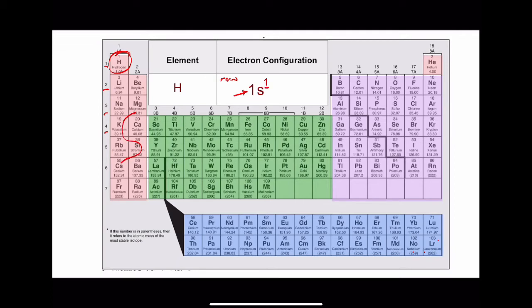The 1 up at the top refers to which electron it is in the block. Notice in the S block, we can be either electron 1 or electron 2. In this case, we're looking at hydrogen, and it's electron number 1. Again, this is referring to the electron number within that block. So what this is telling us is that we are the first electron in the S block of the first row, 1s1.